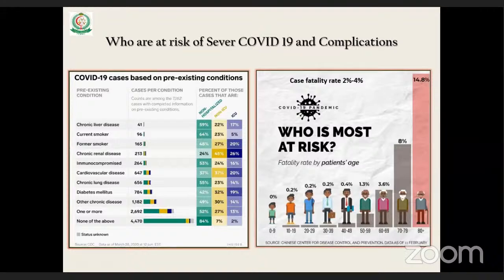And in this study, for chronic renal disease, 24% did not require hospital admission, 45% required non-ICU admission, and 26% required ICU admission. Also, morbid obesity and smokers, all these comorbid illnesses are considered risk factors for severe COVID.